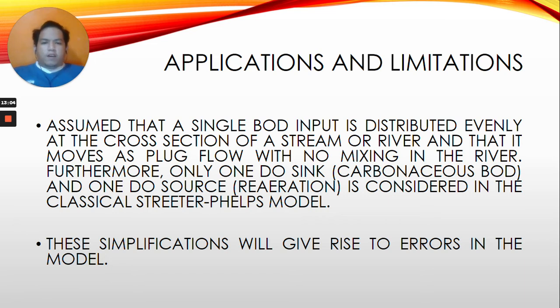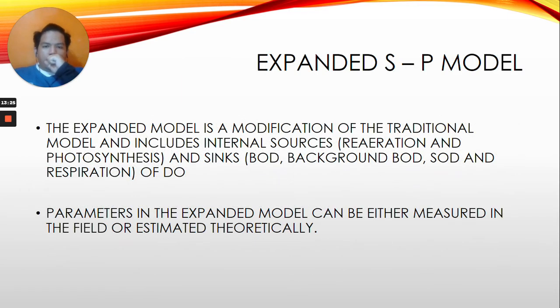So these simplifications gave rise to errors in the model. As time went by, they developed it. They considered all the parameters, especially the DO, or the dissolved oxygen demand. So the expanded SP model, as I've said, was developed.